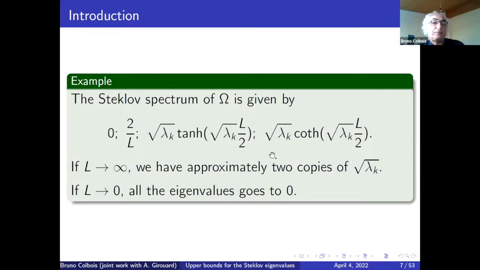So you lose all information, you have no information, no relation between the Steklov spectrum and the Laplace spectrum of the boundary. So this is a very simple example, but it shows you that the position of the boundary in the manifold is very crucial.